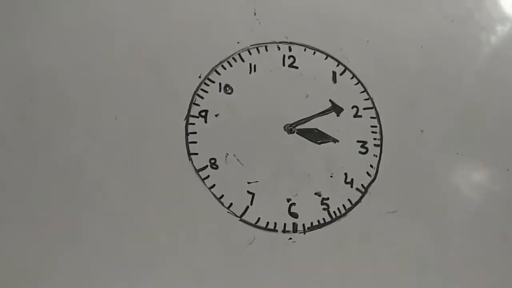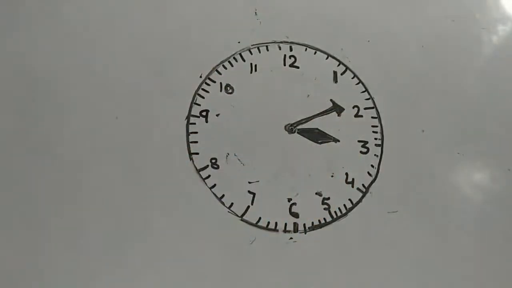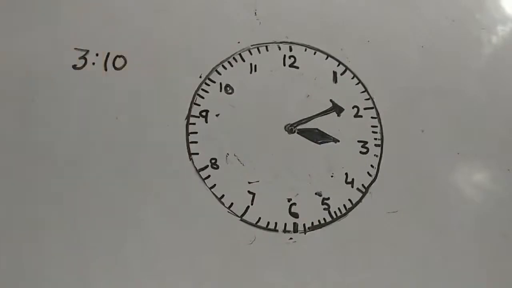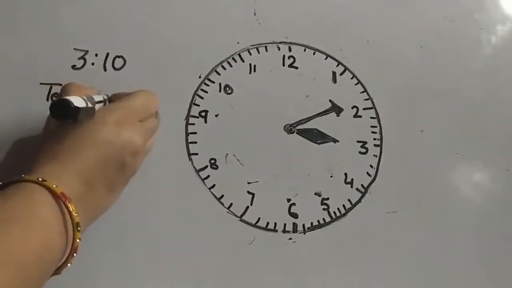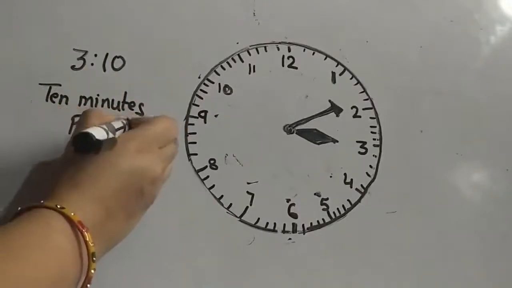Now our minute hand is in 2 and the hour hand is in 3. So how will we write it? We will write it as 3:10, or 10 minutes past 3.